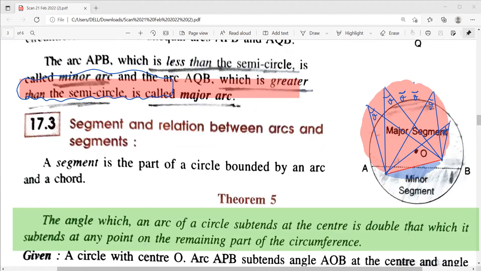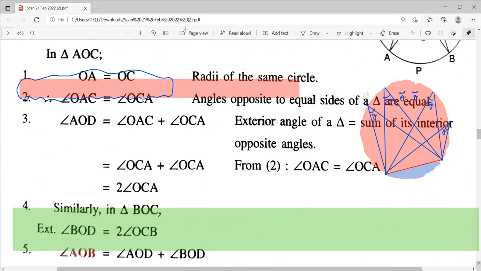The angle which the arc subtends at the center is double that which it subtends at any point on the remaining part of the circle. So that would be 2 into theta then.